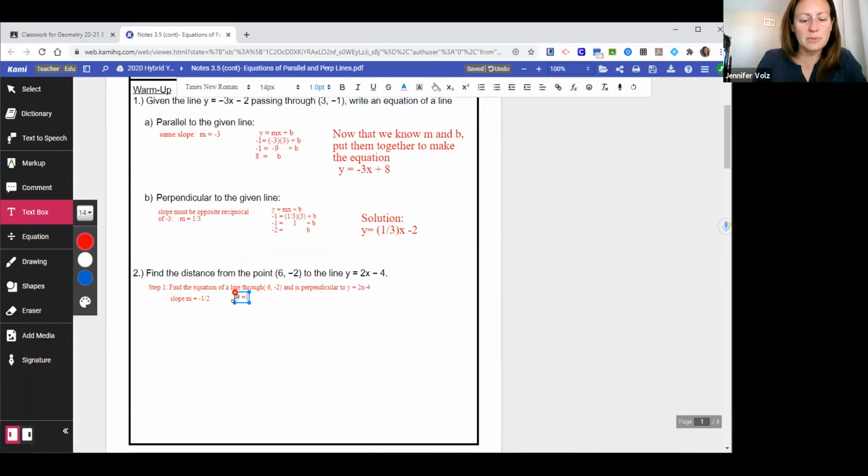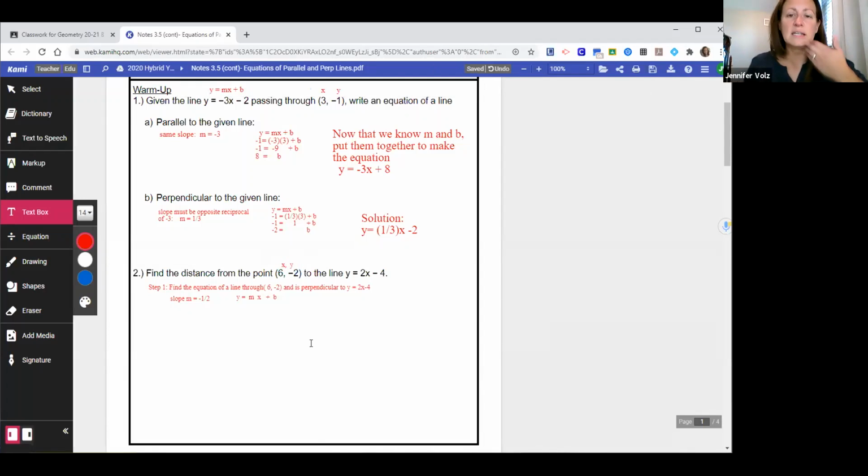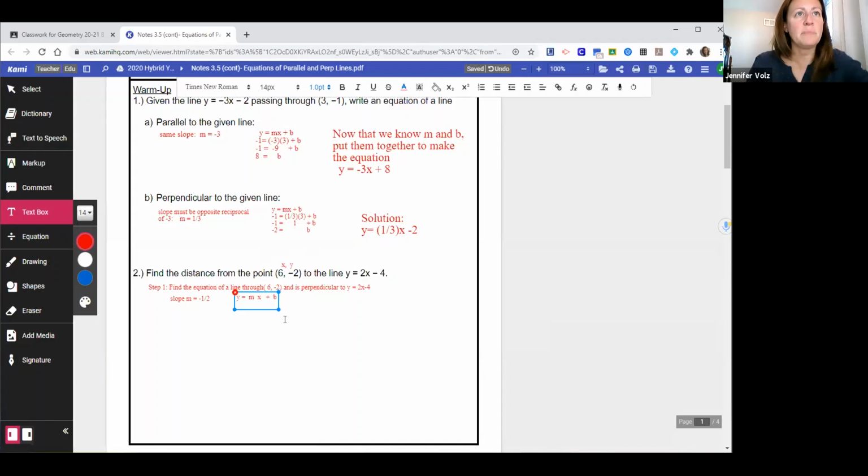Start with y equals mx plus b, and then replace the y with the point up here. This is going to be considered my x comma y. I'm labeling (6, -2) as x comma y. So the y is negative 2. The slope is negative 1/2. The x is going to be 6. And then we have plus b.